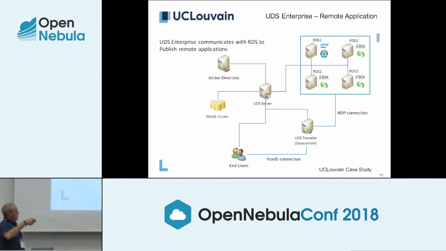The way the connection is made is exactly the same. The only difference is that if 10 people need this application, they will all connect to the same remote desktop server. They will not have their own virtual machines each, but they will all connect with the RDP connection through HTML5 on the same server.